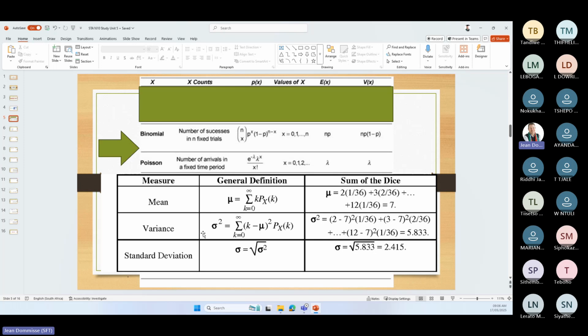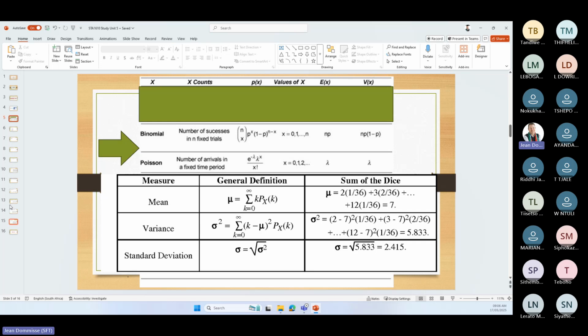Okay, so that is nearly a summary of the study unit: you need to know discrete, binomial, Poisson, need to know what you're going to use it for, and how we will use the formula, and then how to work out the mean and the standard deviation, or mean and variance.